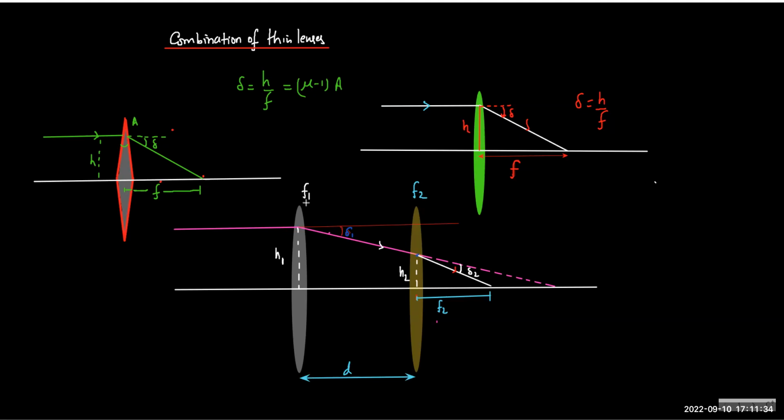And the distance from the first lens to the expected point of convergence, which never happened in fact. This distance, what can we call it? If there is no second lens, where would the light have met? Oh, f1. At the focal point of the first lens, isn't it? Yes.